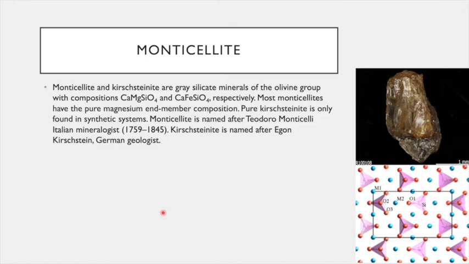Pure kirschsteinite is only found in synthetic systems. Monticellite is named after Teodoro Monticelli, an Italian mineralogist, who first found this mineral, and kirschsteinite, I don't know if I'm pronouncing his name correctly or not, is named after Egon Kirschstein, a German geologist.